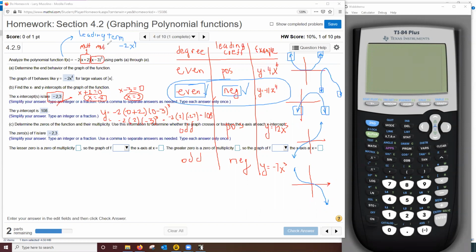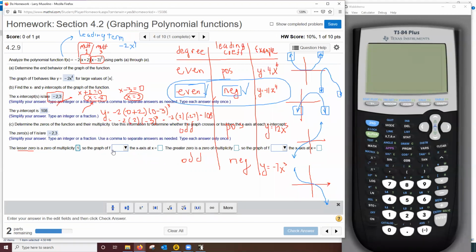Remember, you're really looking at the exponents to identify the multiplicity. All right, so now it wants me to start out with the lesser zero. Well, our lesser zero was this number negative 2. And negative 2 had a multiplicity of 1 here. So that first has a multiplicity of 1.